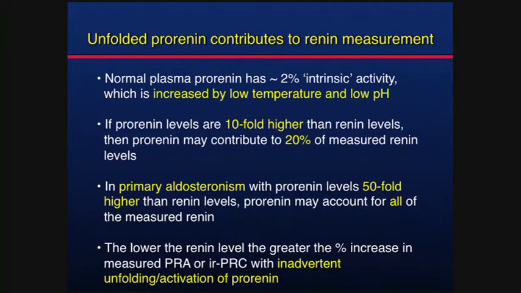And we need to be aware that the proportion of prorenin which is in the open conformation can be increased by dropping the temperature or dropping the pH. And so we need to be very careful how we handle the samples before they undergo assay.